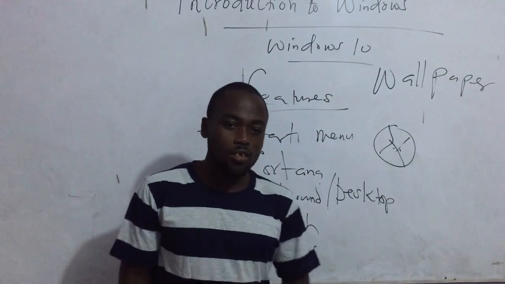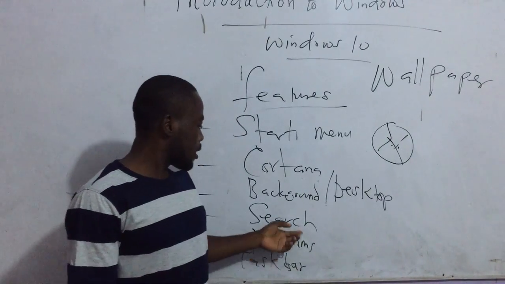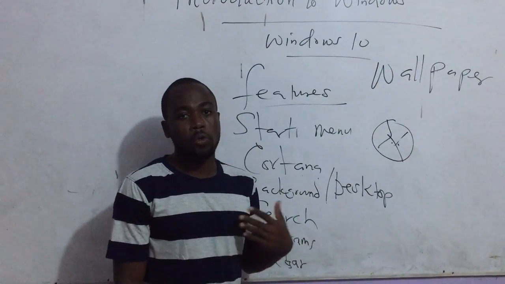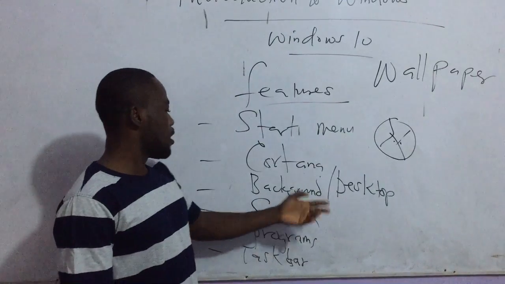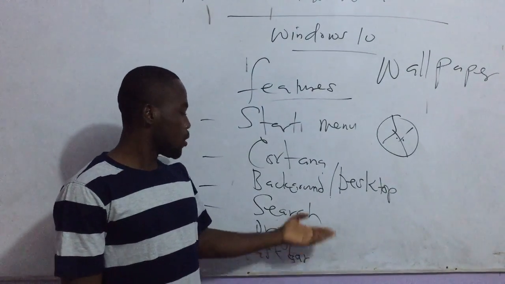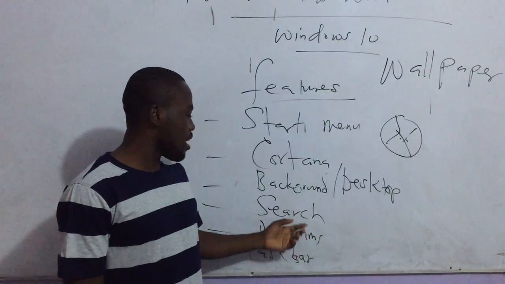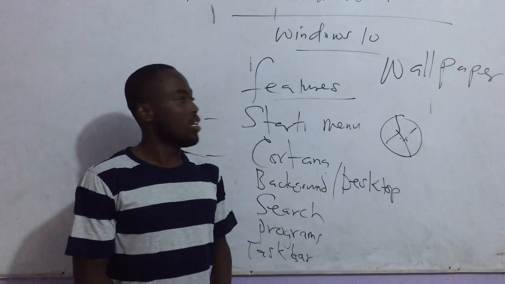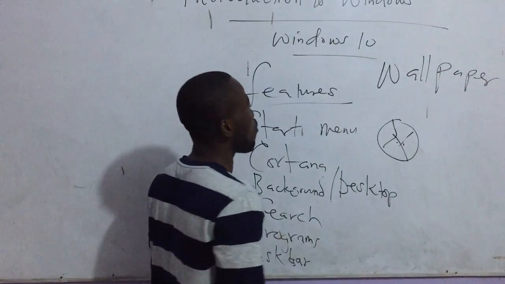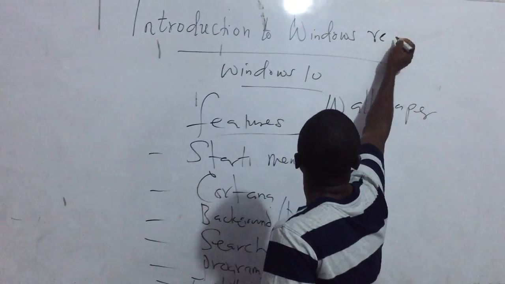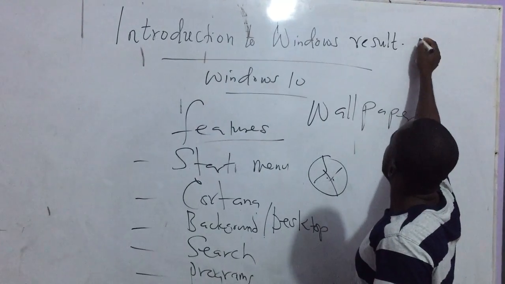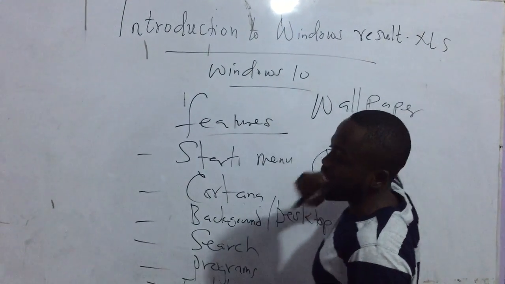Then the search is also a feature of Windows 10. The search helps us to find accessories, facilities, or components in the system: utilities, accessories, programs, and resources in the system can be accessed using the search menu. Example, I want to search for a file called result.xls, which shows that it's an Excel file.